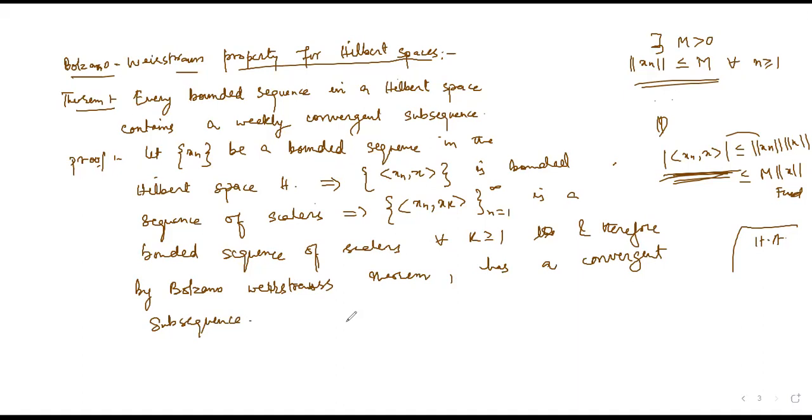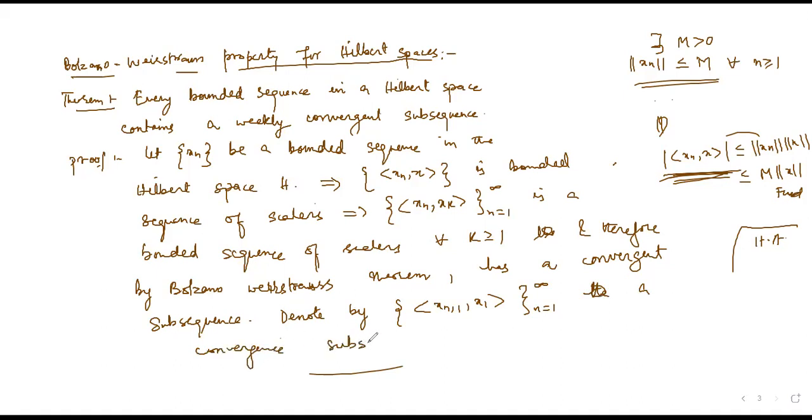Now denote by <xn,1, x1>, n running from 1 to infinity, a convergent subsequence of <xn, x1>. I said that we can put anything here; suppose I put x1.